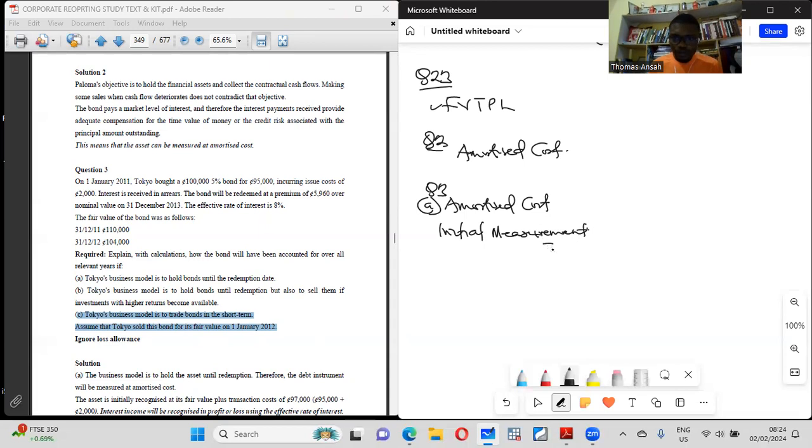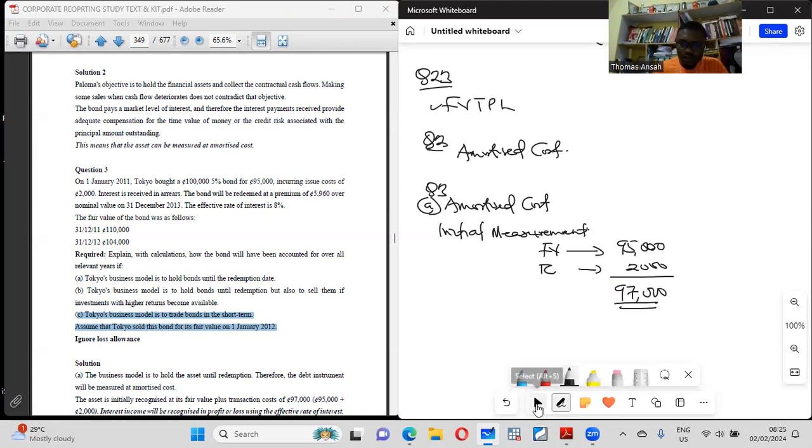So the fair value is 95,000. Before you write these figures, you might have explained it. So we use the fair value according to IFRS 9. The transaction cost is 2,000. And so our initial measurement is 97,000.